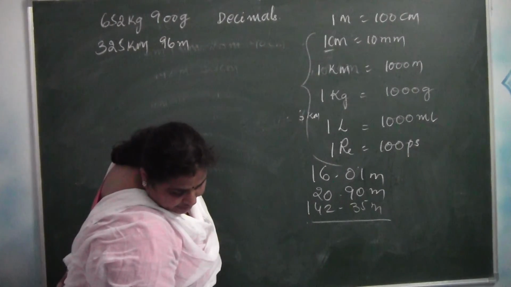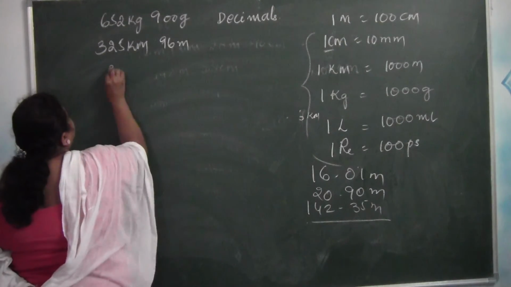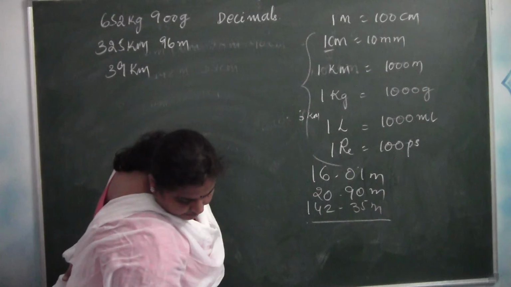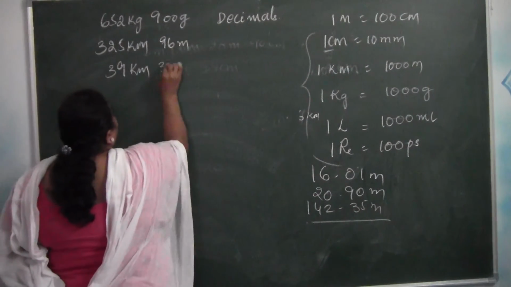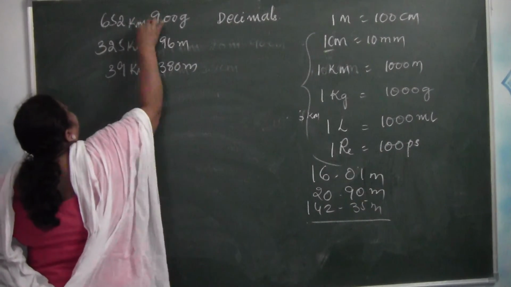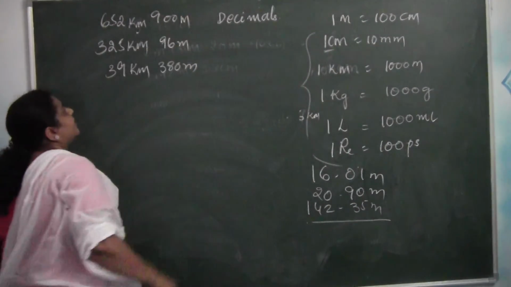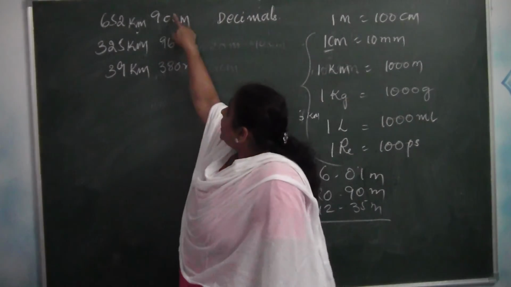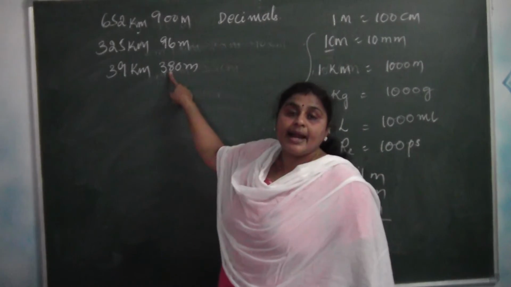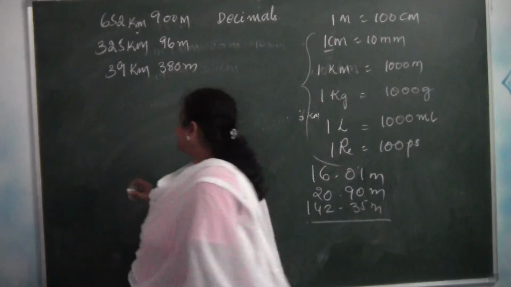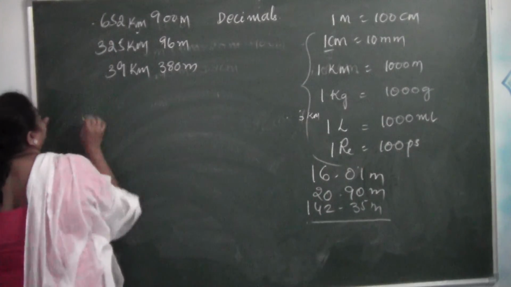Next you have 39 kilometers, 380 meters. So first of all, you have to express all these three numbers using decimals. Okay, children.